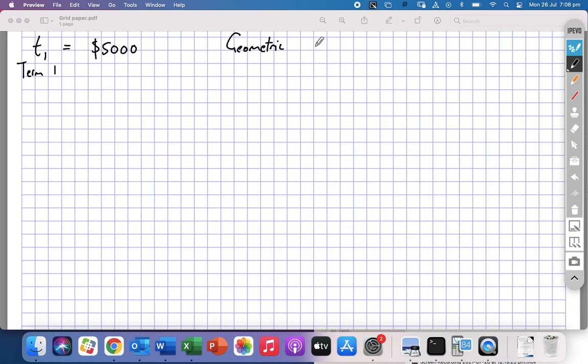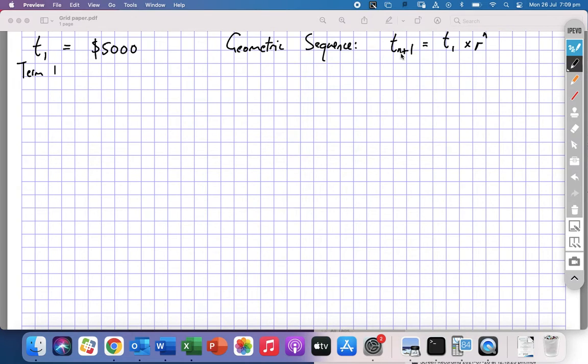And they've given you a formula to work with here that's Tn plus 1 equals T1 times r to the power of n. It's a little bit confusing that they're using n plus 1, but the reason they're doing that is the first thing that you're going to work out is actually a second term.